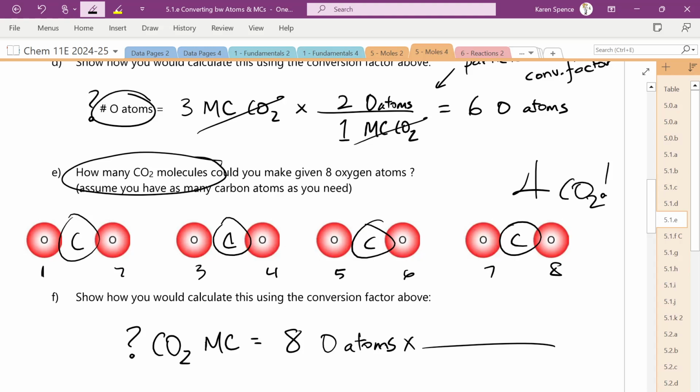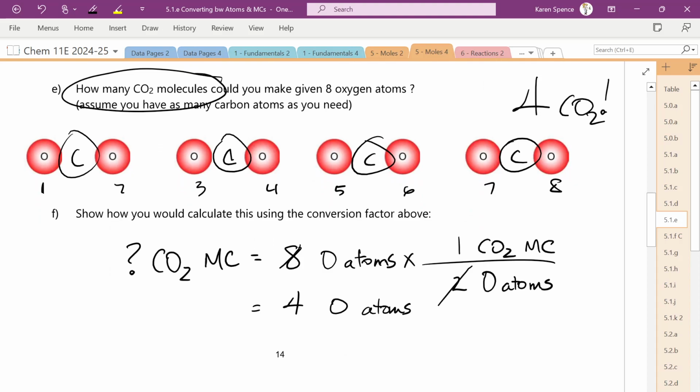This time, what has to go on the bottom? Oxygen atoms. 2 of them. And on the top, we have our 1 CO2 molecule. And lo and behold, we still get 4.